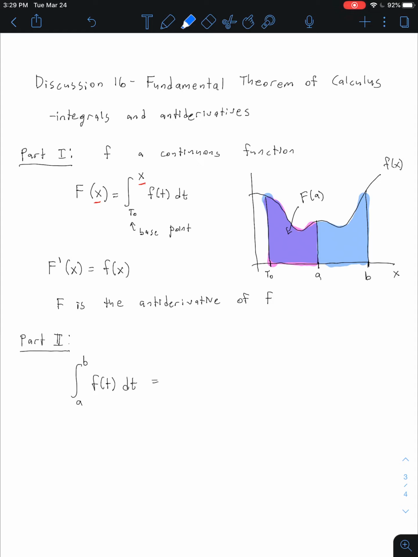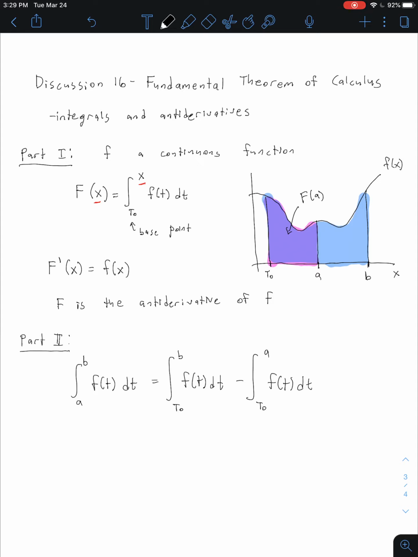And we see that the thing that's light blue now is what we care to compute. By using the pink part and then the entire blue part, which we can both write, the integral from t0 to b of f of t dt, and the integral from t0 to a of f of t dt, we can write an expression for the integral we're trying to solve. Right?